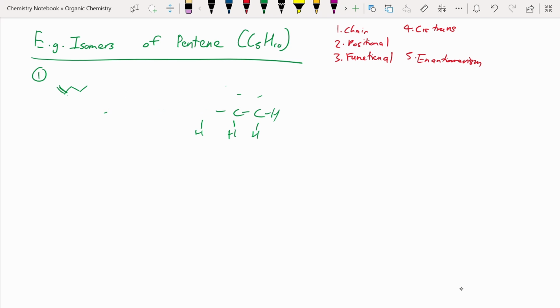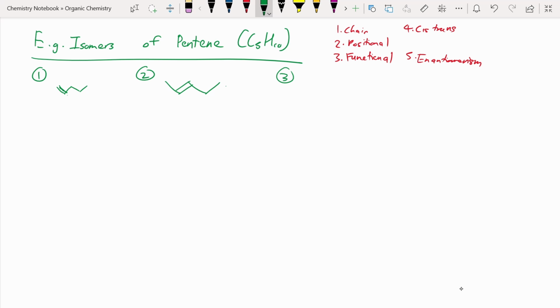Alright, okay. Then another isomer we can think about is positional isomers. So we can change the position of the C double bond C, and this will form another isomer, which is number 2.